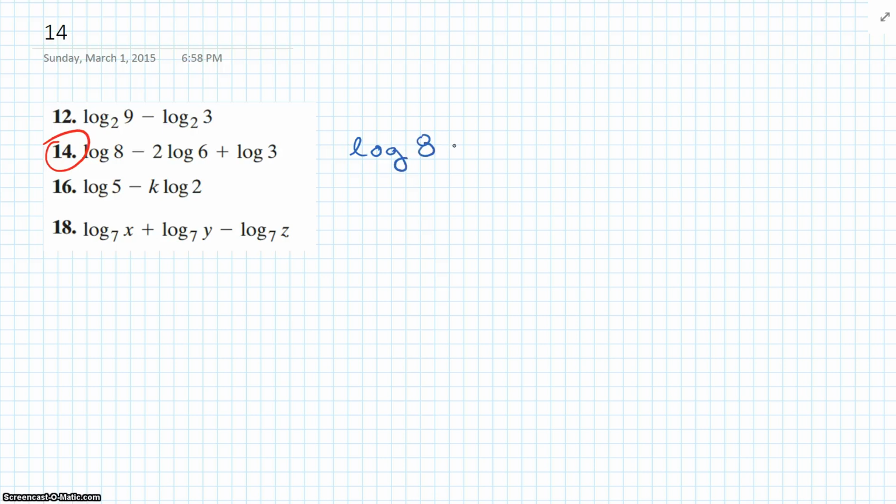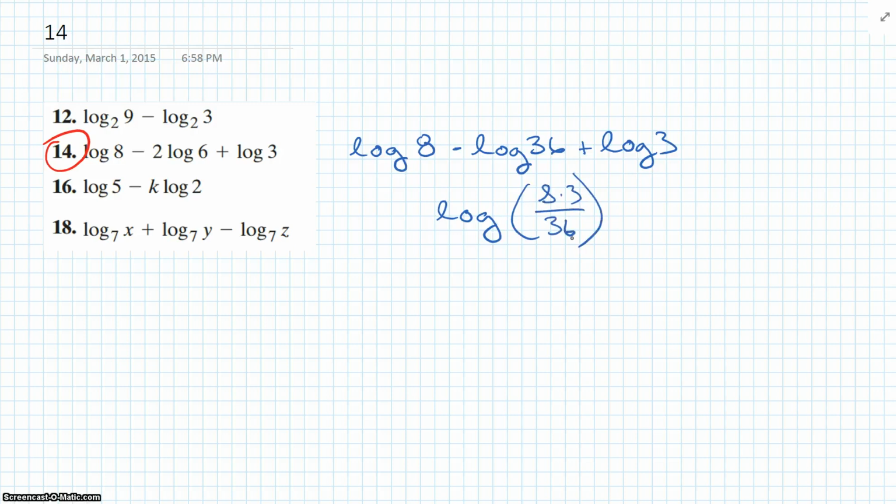So I got log of 8 minus log of, well, it's going to be 6 squared, so 36, plus log of 3. That can be rewritten as log of 8 times 3 over 36, which would be the log of 24 over 36, which can be simplified to the log of 2 over 3.